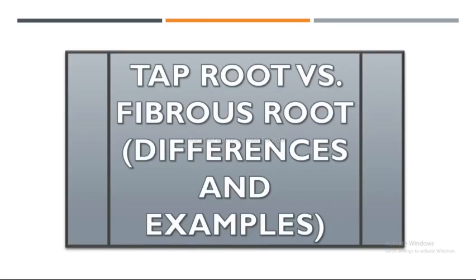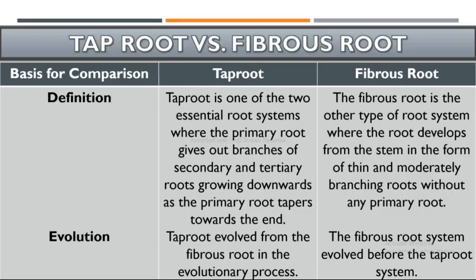Next I am going to discuss the taproot versus the fibrous root, differences and their examples. First is the basis for comparison, then I will discuss the taproot, and after that I will discuss the fibrous root. First basis for the comparison is definition.